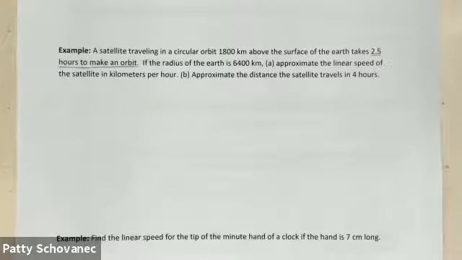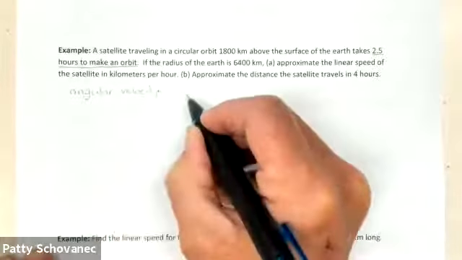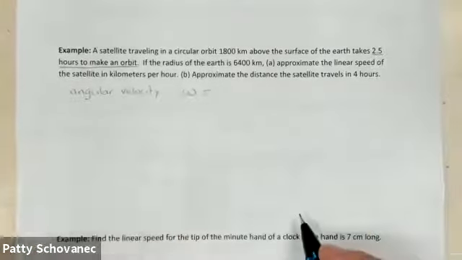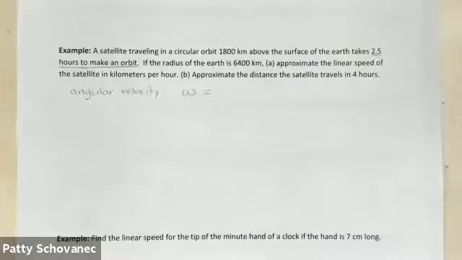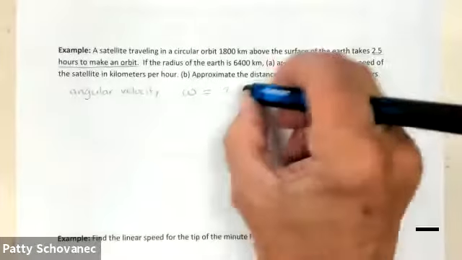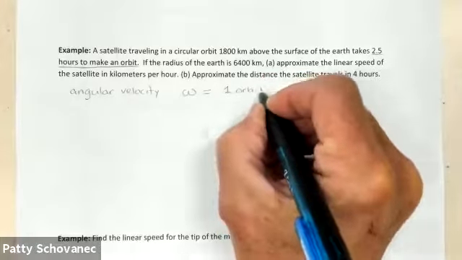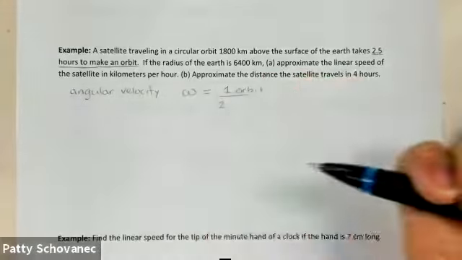So now I can convert that into radians per hour, right? 1 orbit is 2.5 hours. I want my time units on the bottom, remember? The angle divided by time. So we're going to put 1 orbit per 2.5 hours.